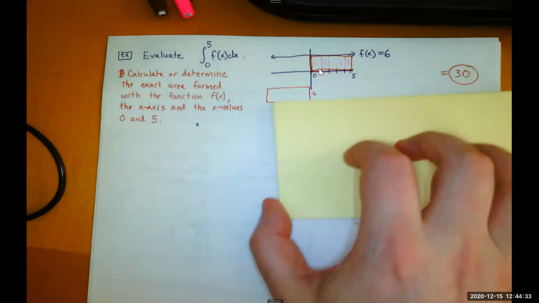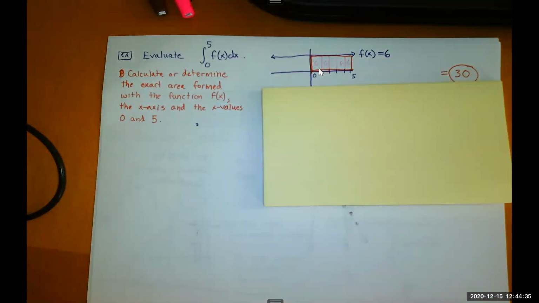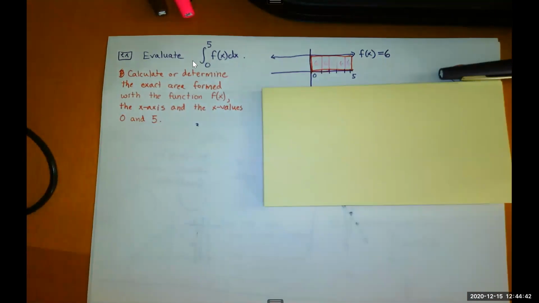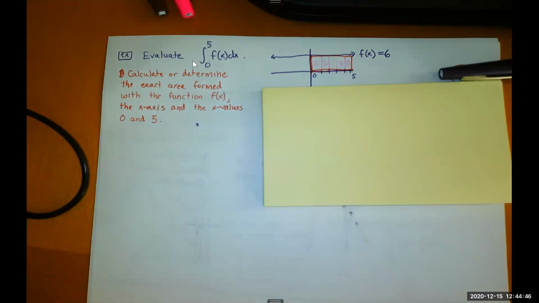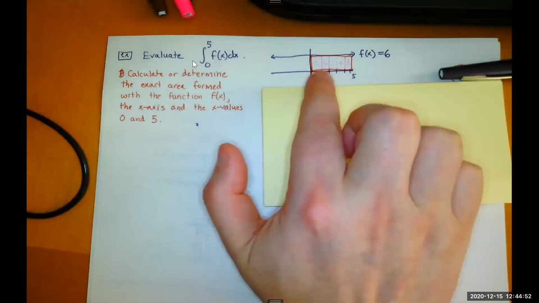Here's what we know about f of x. F of x is this function, f of x equals 6. It's graphed right here. So the area we're interested in goes from x equals 0 to x equals 5.